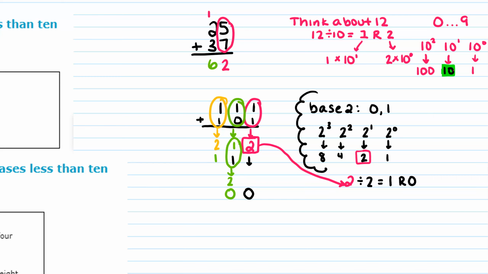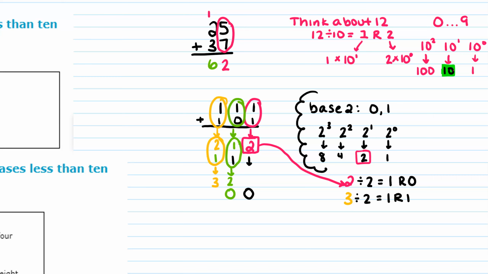Now, when I add 2 plus 1, that gives me 3. And 3 is not allowed. So let's think about 3. Again, the first power of 2 that's lower than 3 is 2. So 3 divided by 2 is 1, remainder 1. So 2 goes into 3 one time, and then there's 1 more left over. So instead of writing 3, I would write 1, 1.